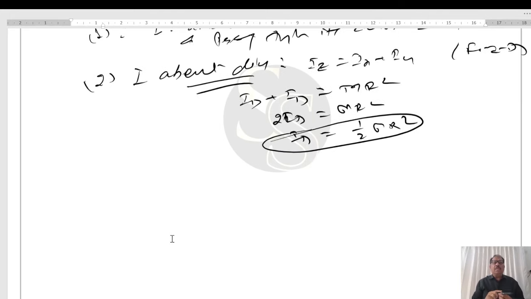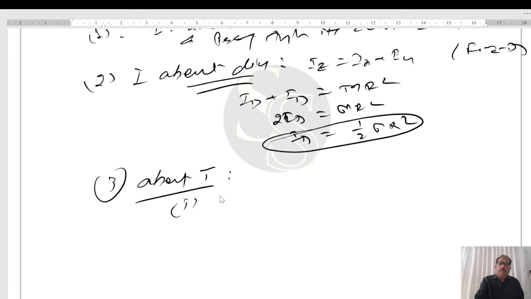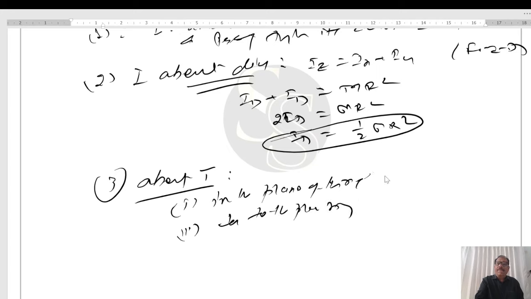Next, about tangent. Tangent has two cases. In the plane of the ring and perpendicular to the plane of the ring. In the plane of the ring, we have to apply ID plus mr square.